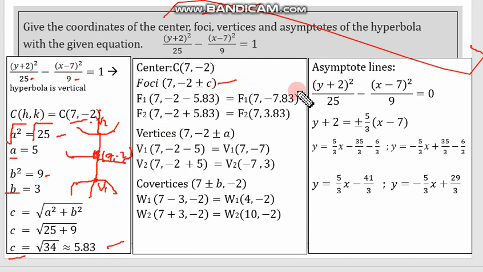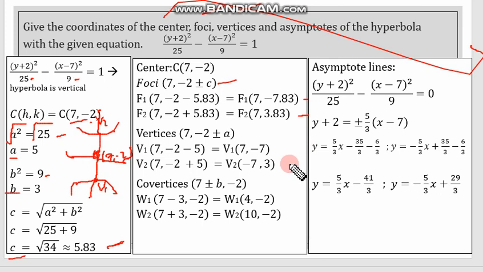The x coordinate is 7, as is. Negative 2 minus 5.83, the value of c, gives focus 1 at 7 and negative 7.83. While negative 2 plus 5.83 is 3.83, so focus 2 is 7 and 3.83.